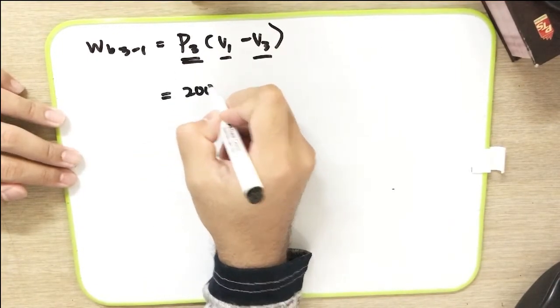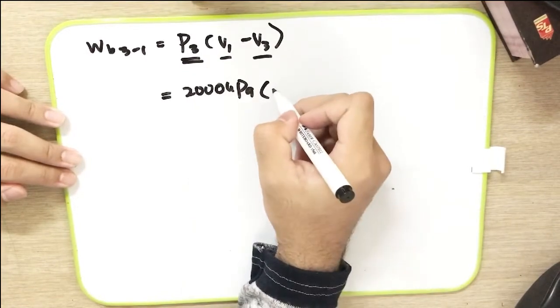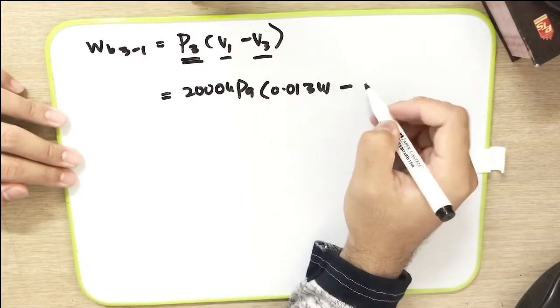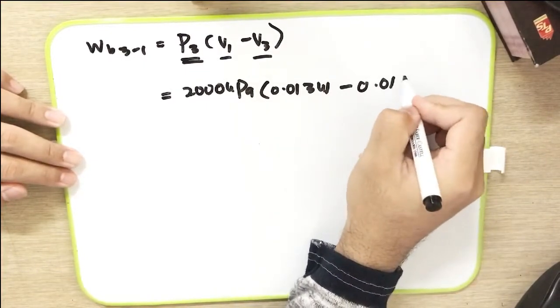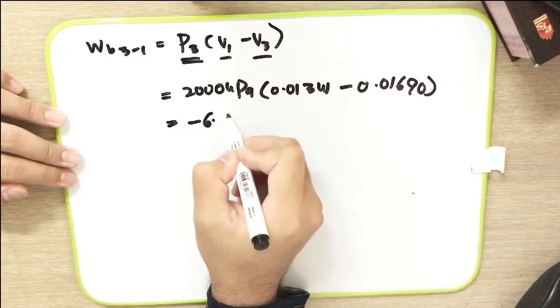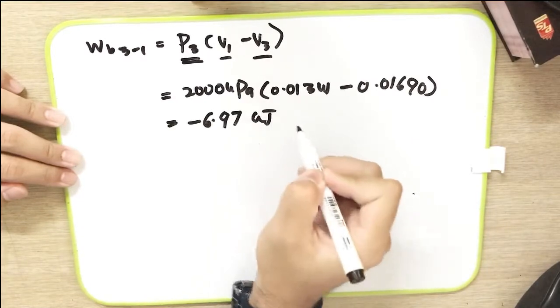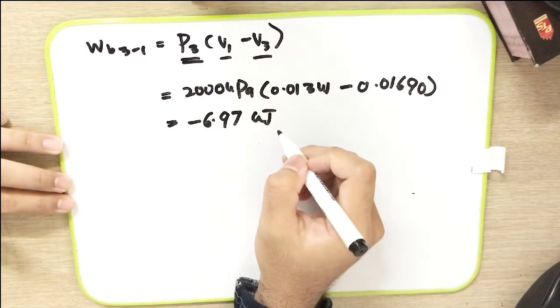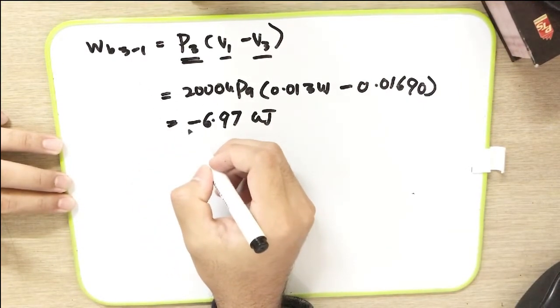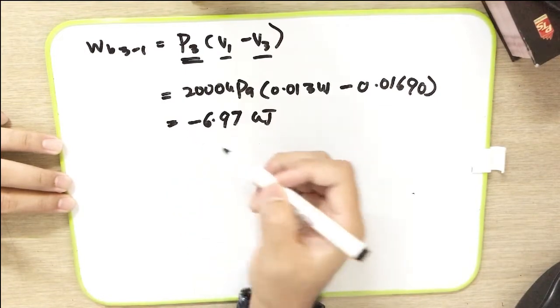P3 is 2000 kilopascal, V1 is 0.01341 just now, and V3 is 0.01690, and you will get negative 6.97 kilojoule. Don't worry about the sign, because the sign represents whether the process is compression or expansion. For 3 to 1 it is compression, so that is why the work here is negative.